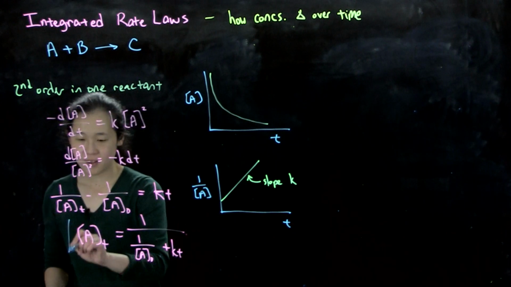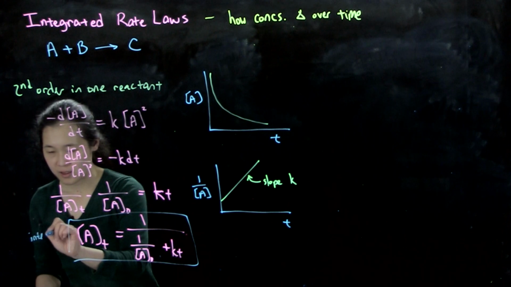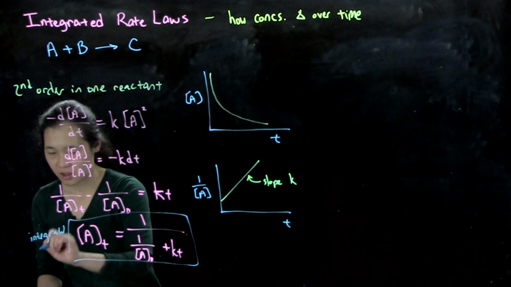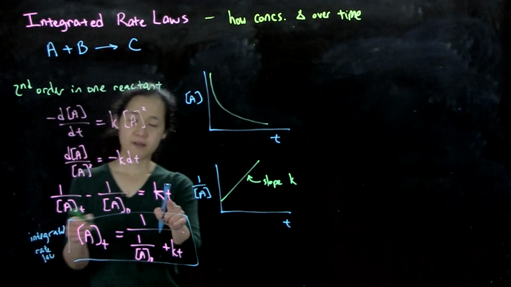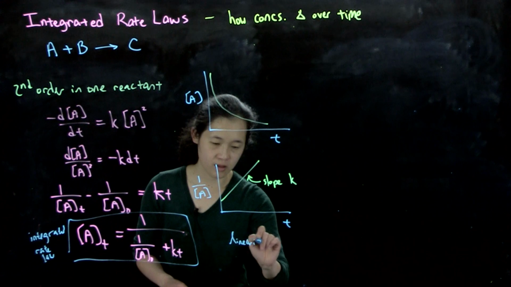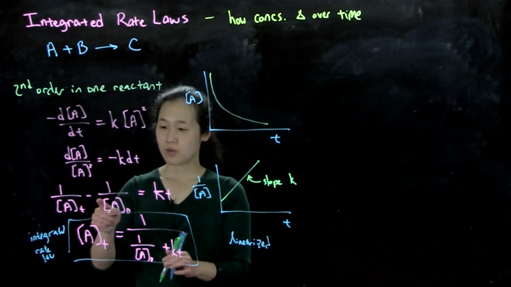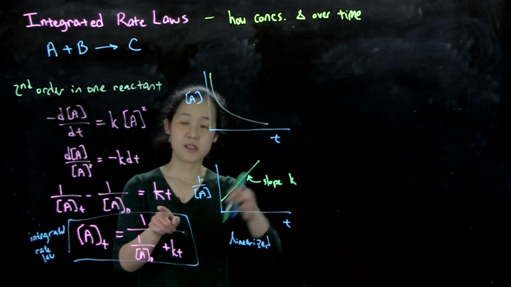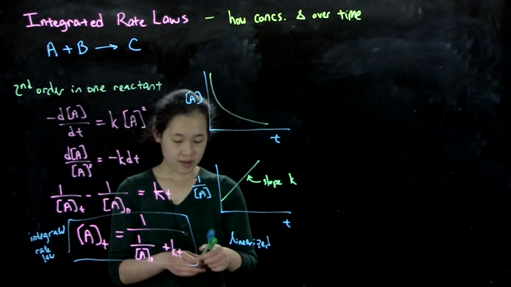This is the integrated rate law. But if we linearize, if you take the reciprocal, so this is linearized, right? So here, 1 over A at time t equals kt plus 1 over A at time 0, so k is the slope. And then the intercept will be 1 over A at time 0.